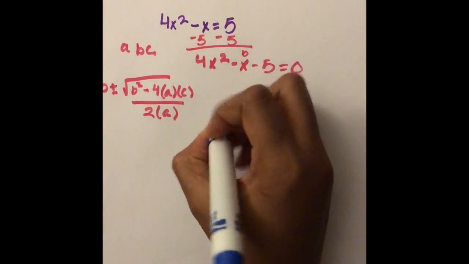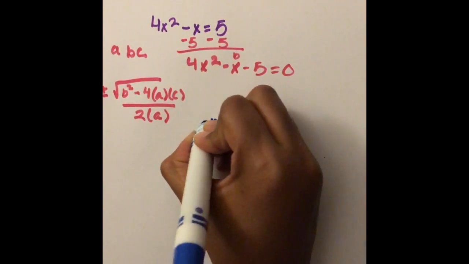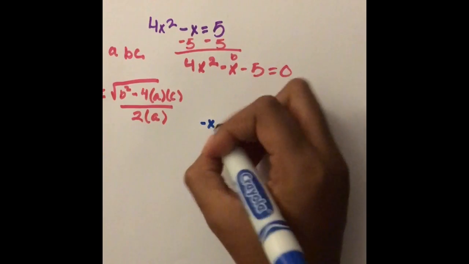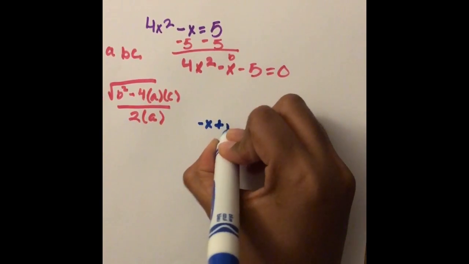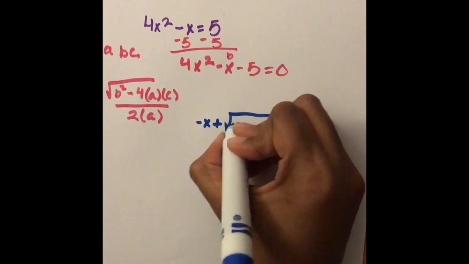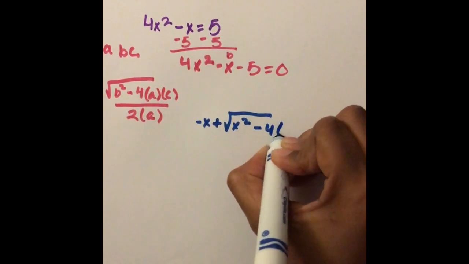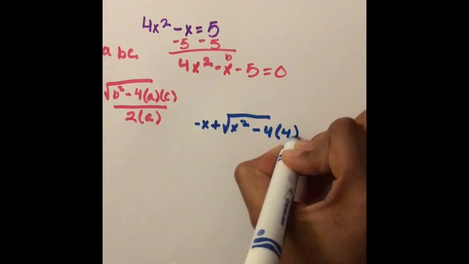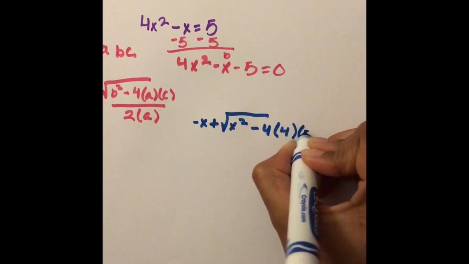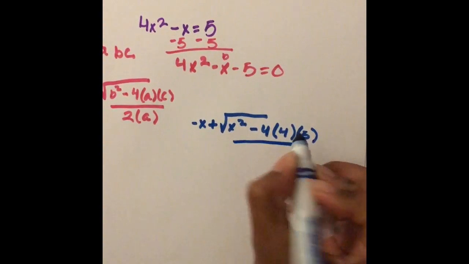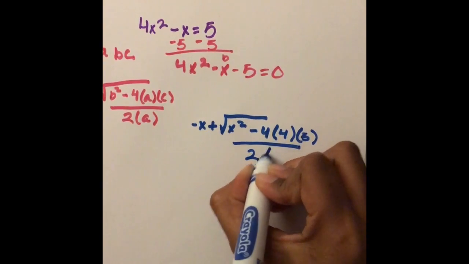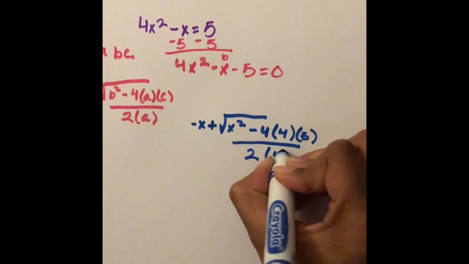So first we have negative negative 1 plus or minus the square root of negative 1 squared minus 4 multiplied by 4 and negative 5, over 2 multiplied by 4.